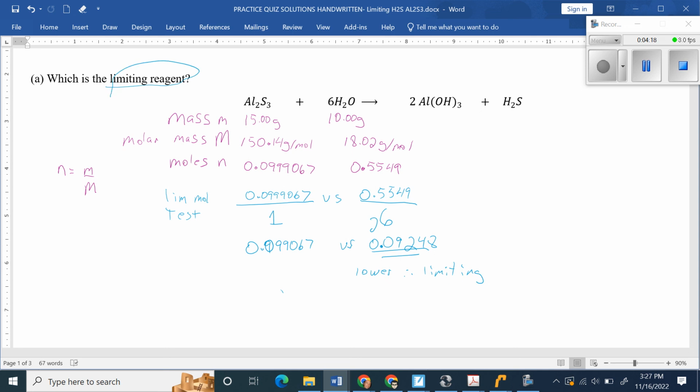So therefore, the limiting reagent is water. And this is the actual number of moles that we have that is limiting. This moles will run out first, right? And also will determine how much of this is made, which is the next part of this question.